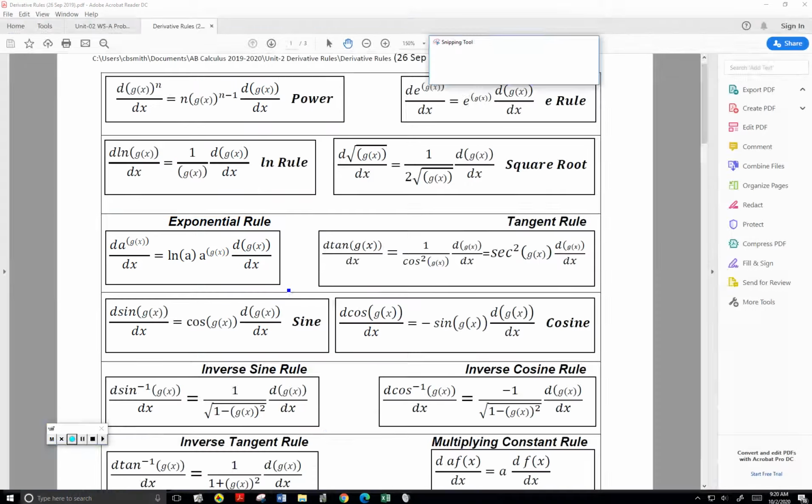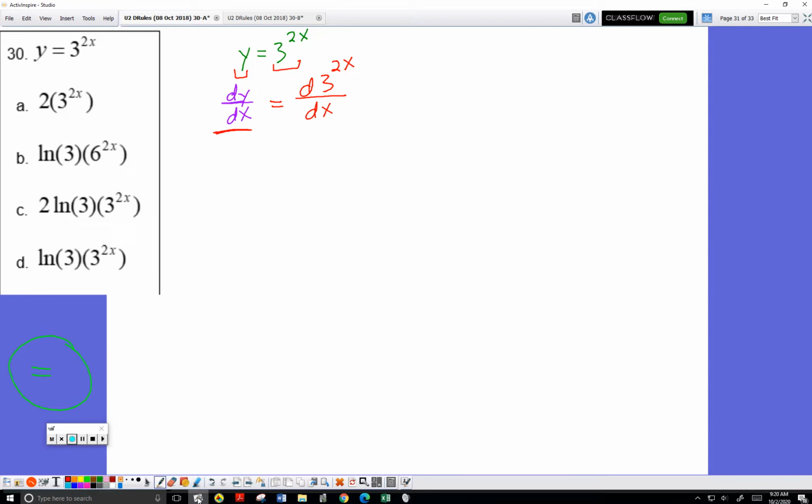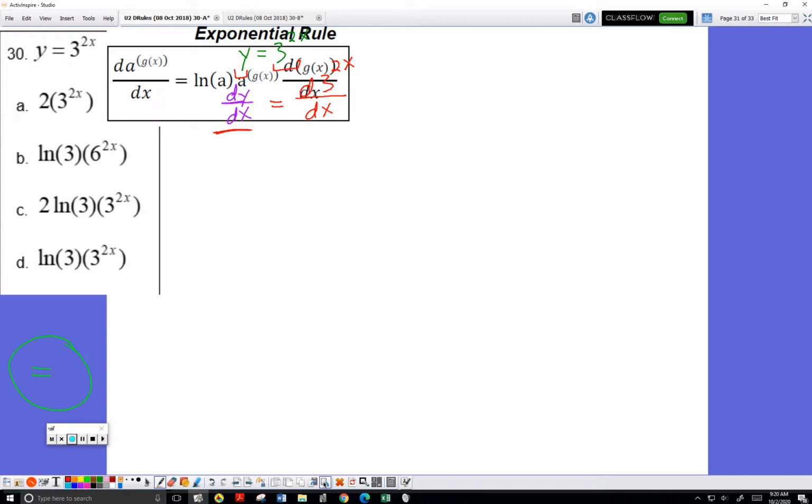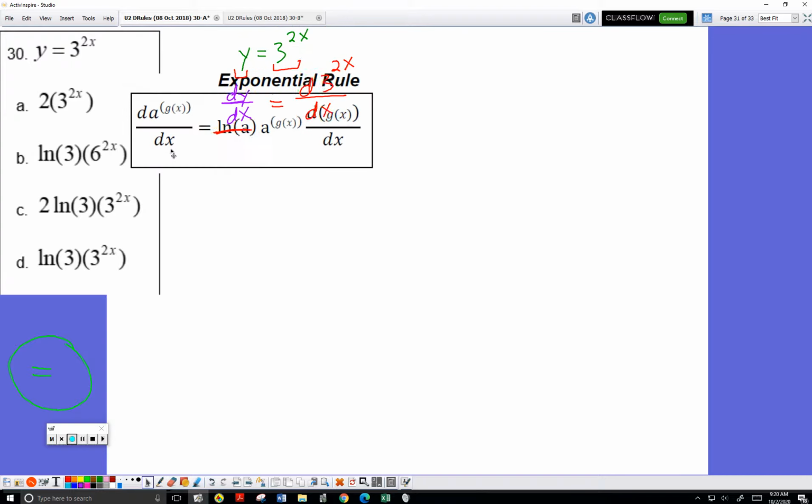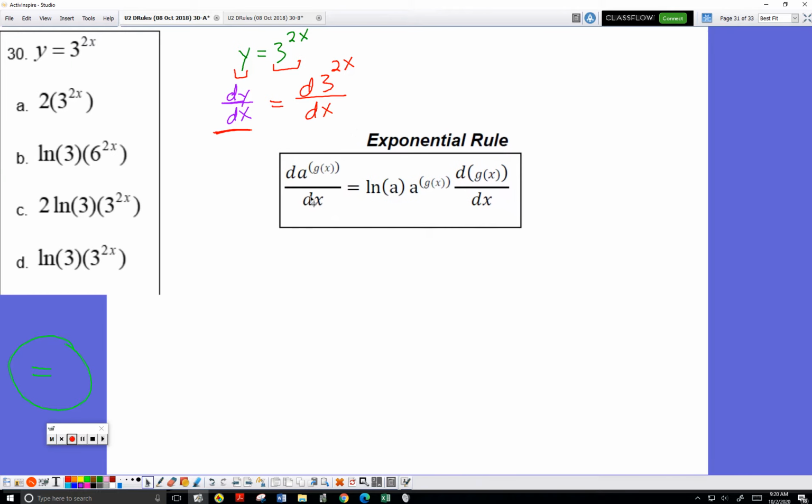So we grab the exponential rule, come over here, paste it in, and take a look at it. And we note that our objective here is to get this box in orange, right here, to be an exact copy of this box in green.